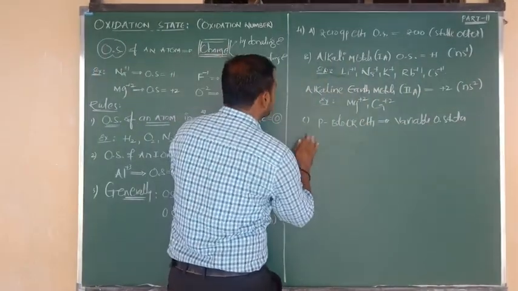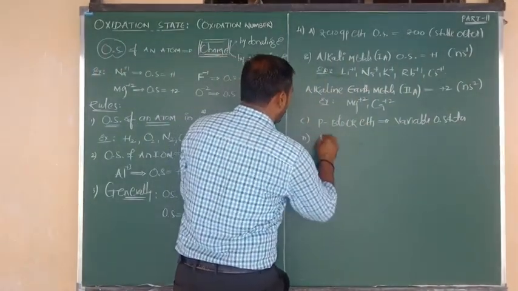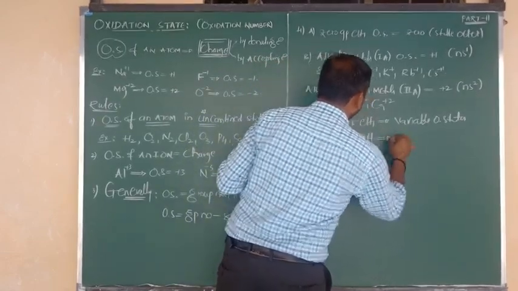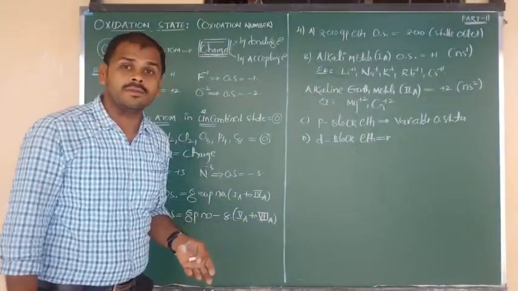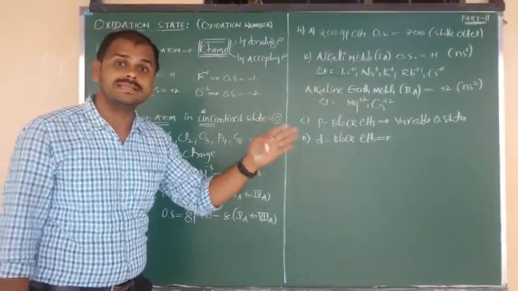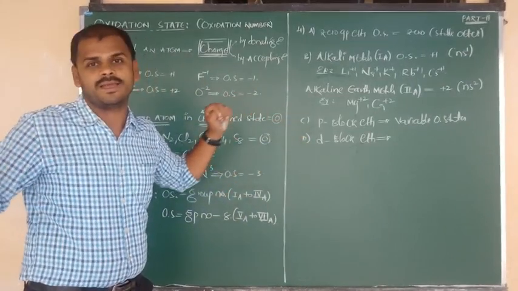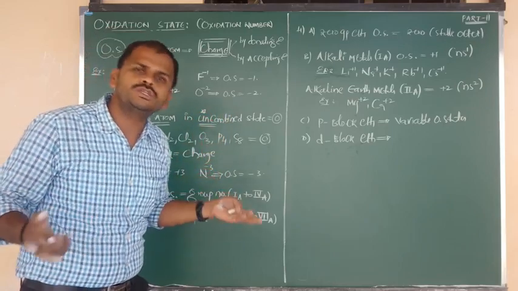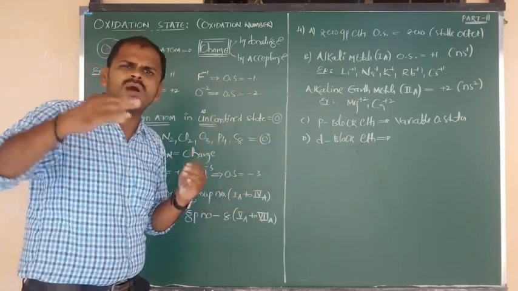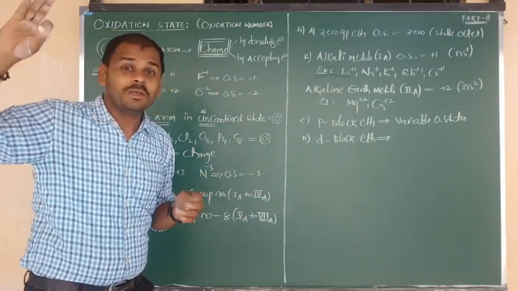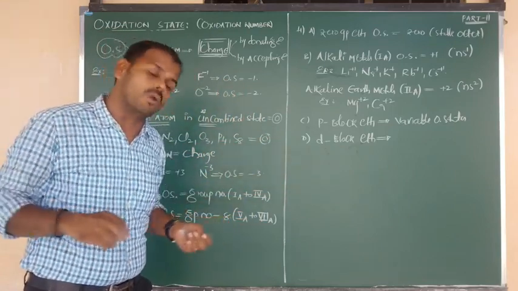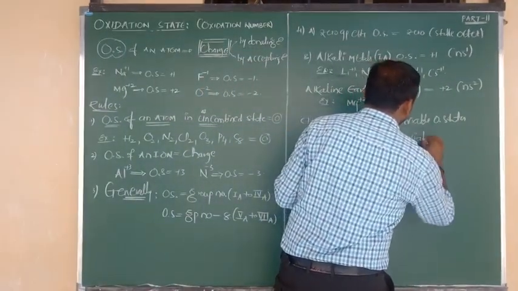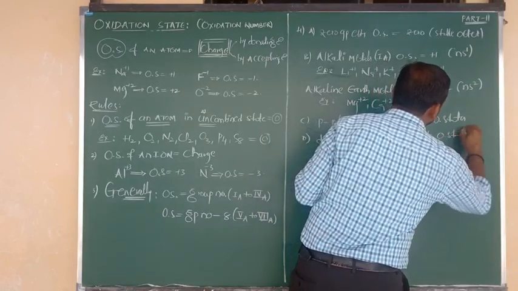Go for the next one, the D block elements. D block elements again have 3D series, 4D series, 5D series, 6D series, different series of elements. Every series contains nearly 10 elements, and they show various types of oxidation states, 0, 1, 2, 3 up to 8. So D block elements show variable oxidation states.